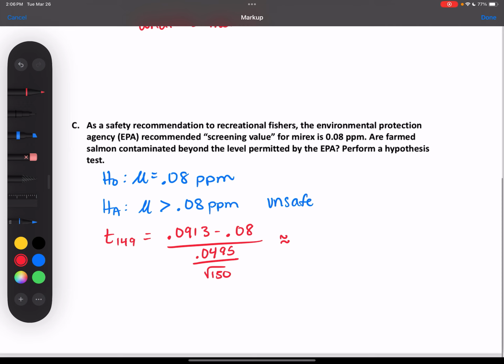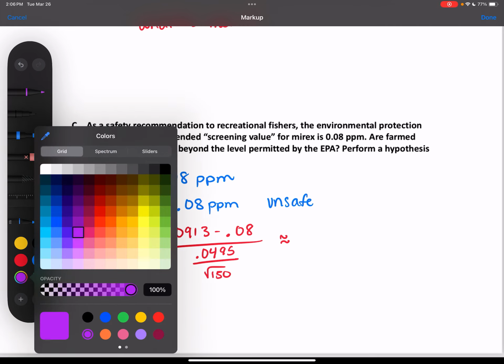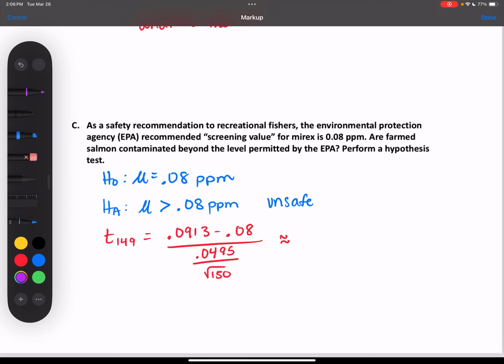The other thing we can do is run a t-test. So that's under stat and then test and then t-test. And we are going to input stats for this one because of what we're given. So it'll be for stats.